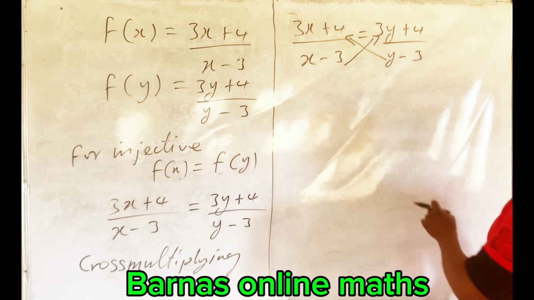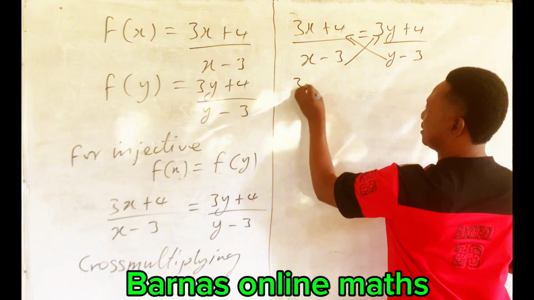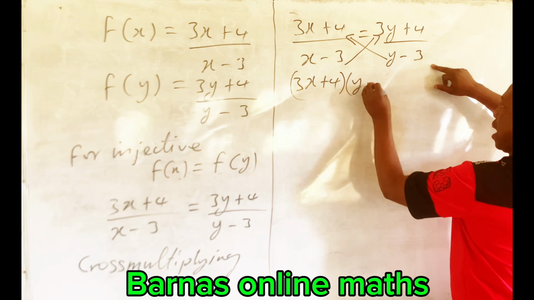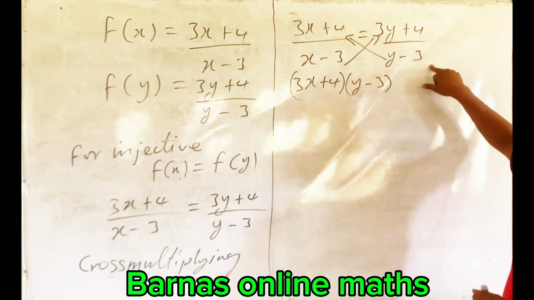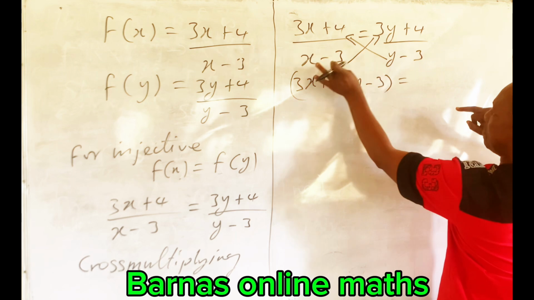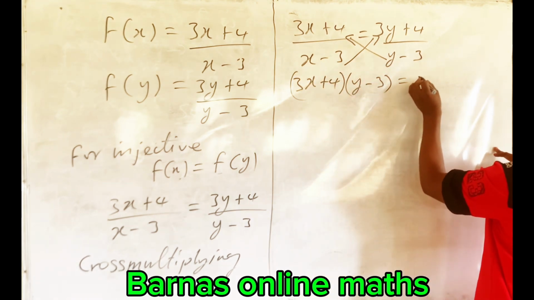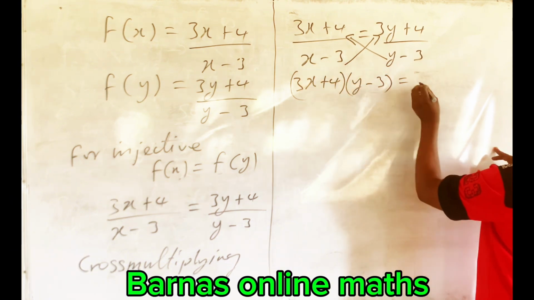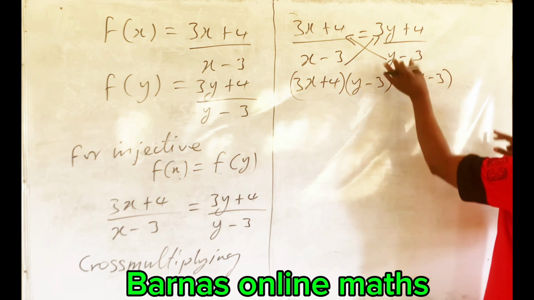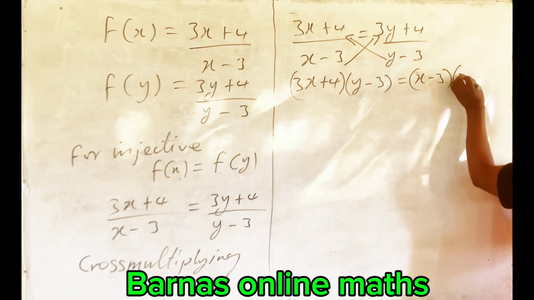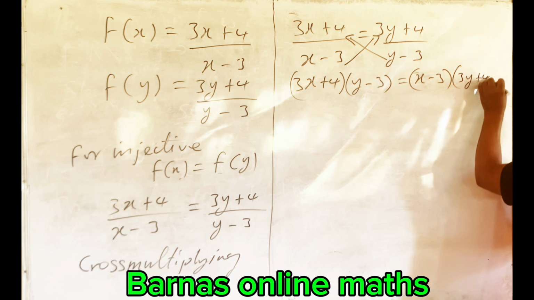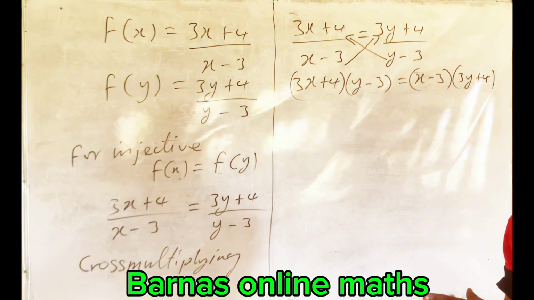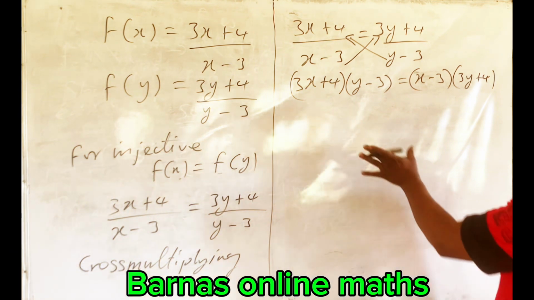If we do that, this multiplying that will give us 3x plus 4 multiplied by y minus 3, which is equal to this multiplying that, x minus 3 multiplying 3y plus 4. Having done this, the next is to open the brackets. Of course, let's expand this.